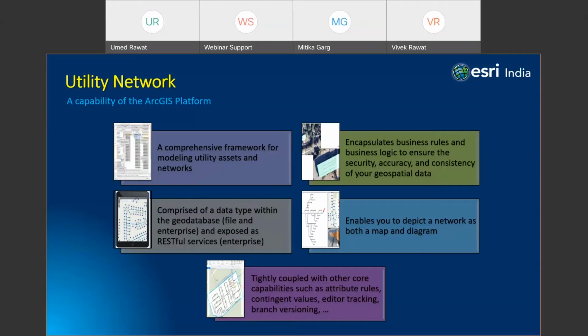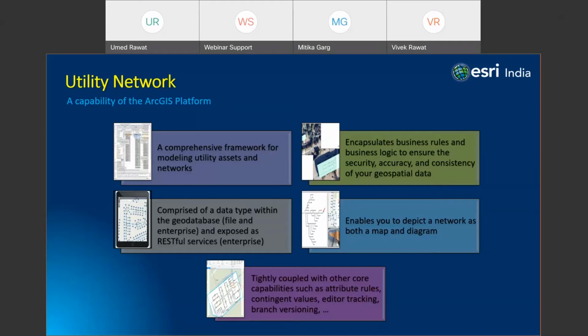This has evolved. Second, it has a lot of business rules and business logic embedded into it to ensure the security, accuracy, and consistency of your geospatial data. This is also very important, as it brings intelligence to your data. The third is the service oriented architecture.